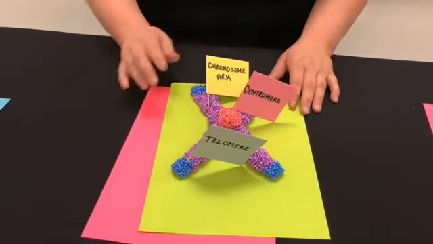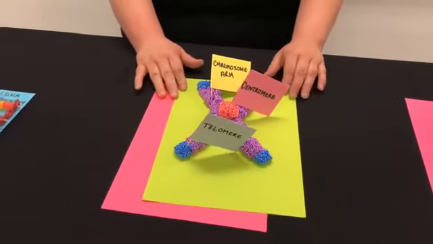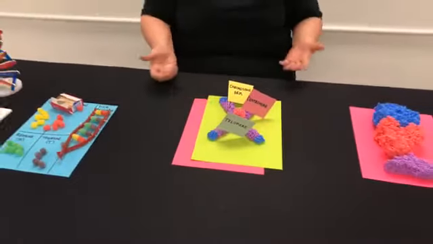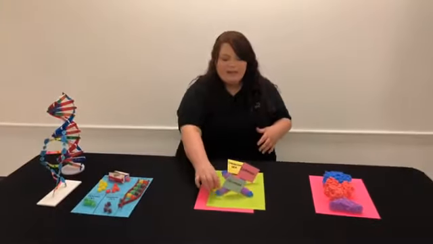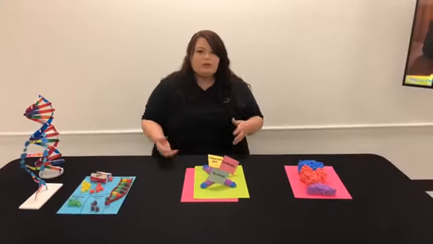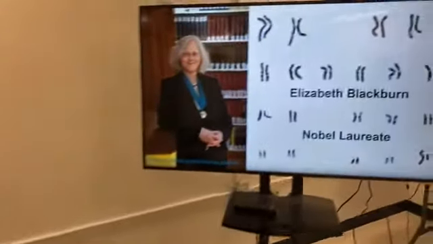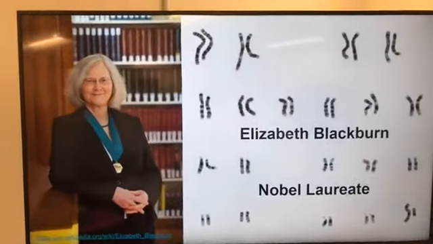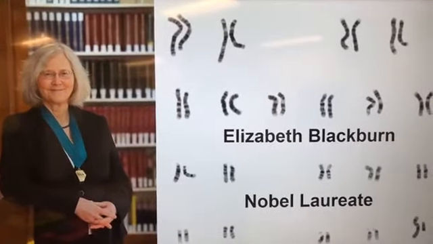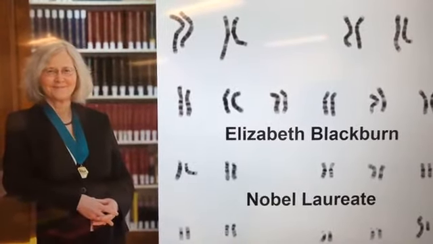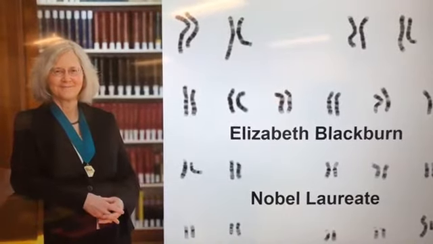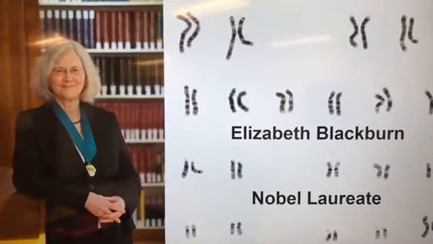So now let's talk more about our renowned scientist we were talking about earlier. Her name is Elizabeth Blackburn, and she studied those telomeres that we were talking about. She was born in Australia, and she came to study her PhD at Cambridge University in the UK. From there, she came to the United States to study at Yale. And while she was studying at Yale, she was studying a single-celled organism.